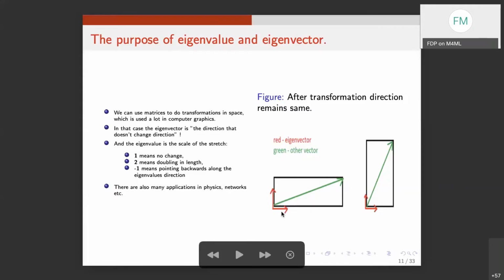If it is -1, it means the same vector but pointing in the opposite direction. Okay, right? There are a lot of applications of eigenvalues and eigenvectors in physics and also networks.